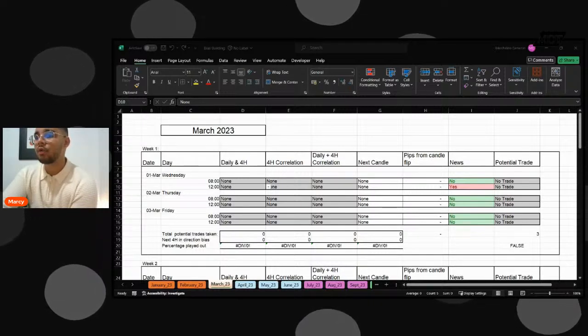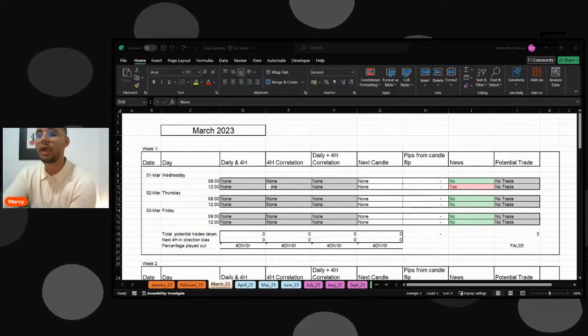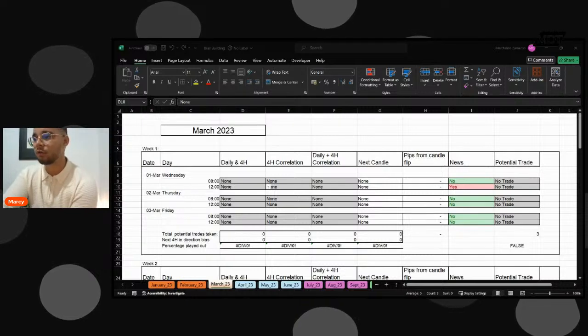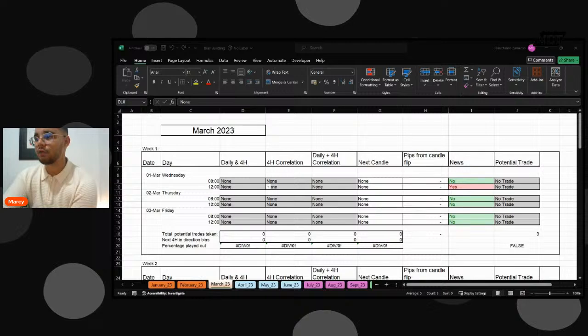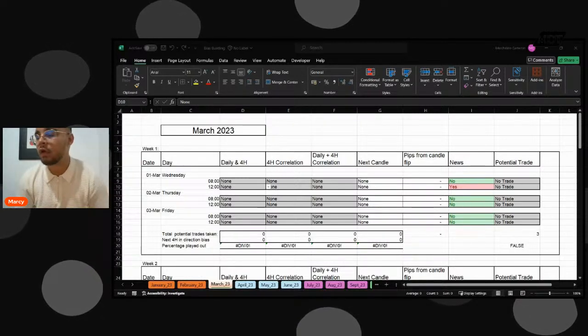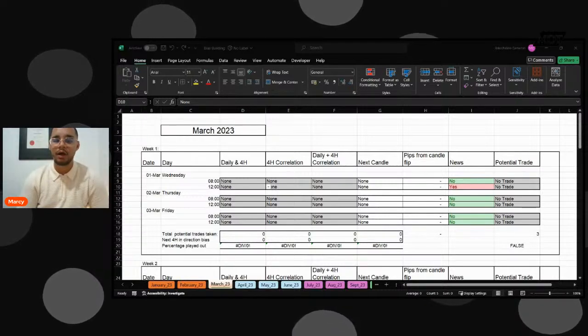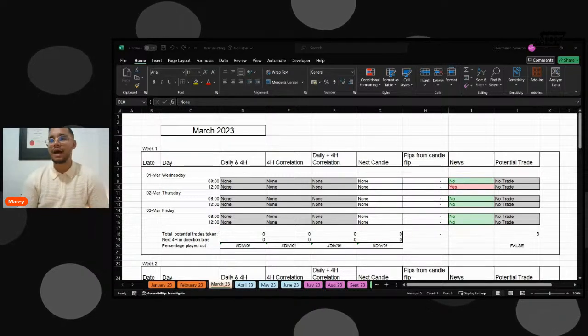So when we're going down onto the 4H time frame and we're looking at the 4 o'clock close, which is the previous 4H close to our session, you want to see a close in your direction. Now what you can see here is that effectively we have a bullish close, and that basically means we don't have daily and 4H alignment. So we know that the daily and the 4H directional bias is out, right?